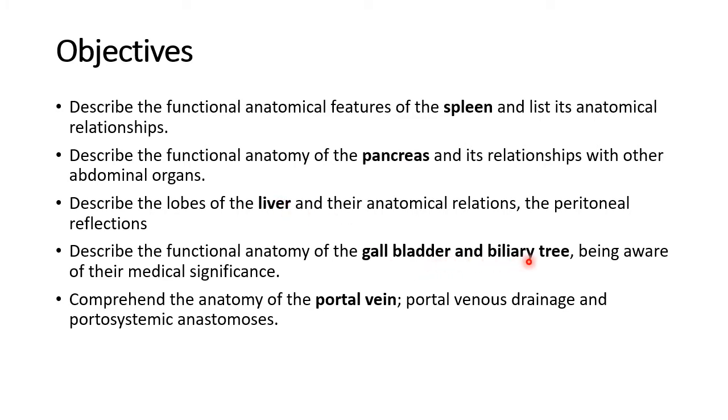We'll also cover some important relations and the blood supply, nerve supply, and lymphatic drainage of these glands. We'll also cover the portal vein, or the portal system of veins, and how it is formed, and some of the clinical applications, or clinical anatomy, of the portal vein.